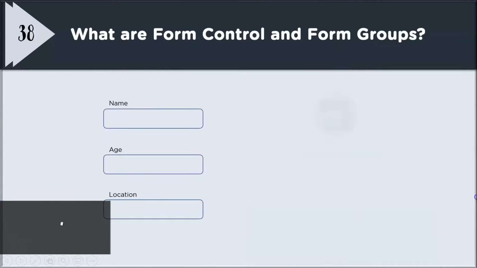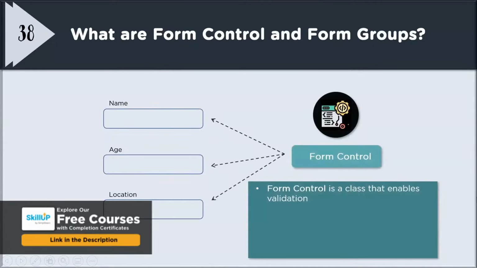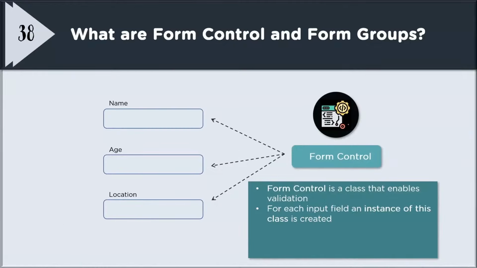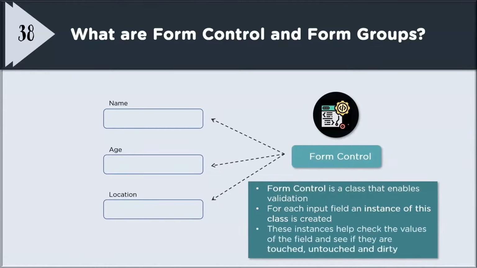Moving on, what are form control and form groups? Now, a form control is basically a class that enables validation. For each input field, an instance of this class is created. And these instances help check the values of the field and see if they are touched, untouched, dirty, pristine, valid, invalid, or so on.